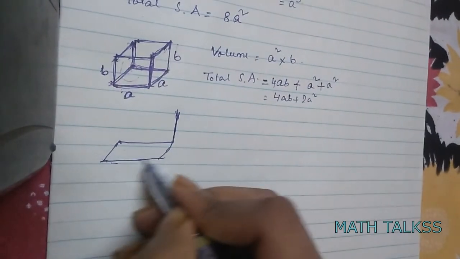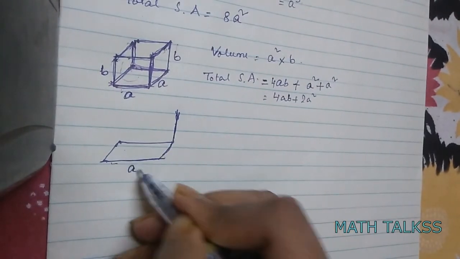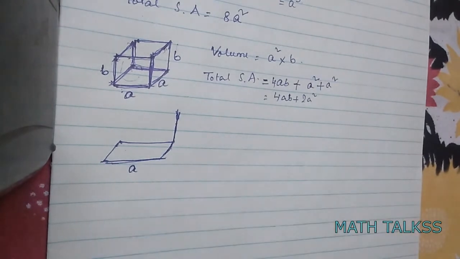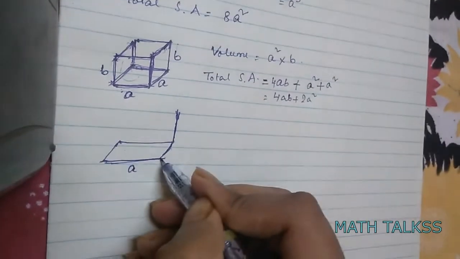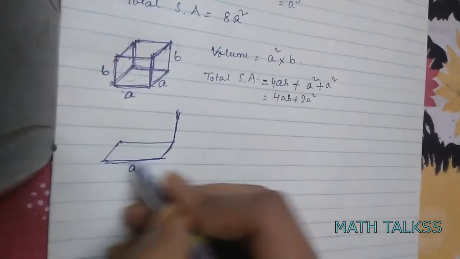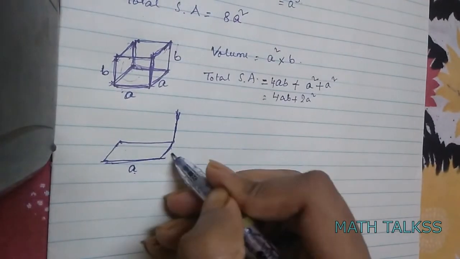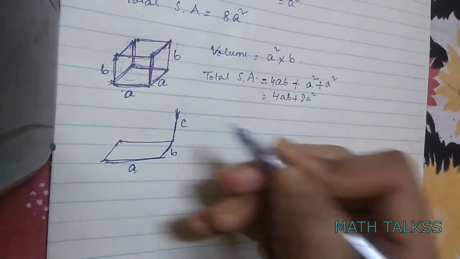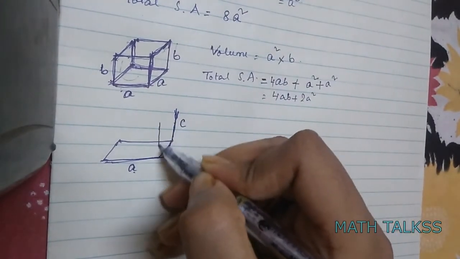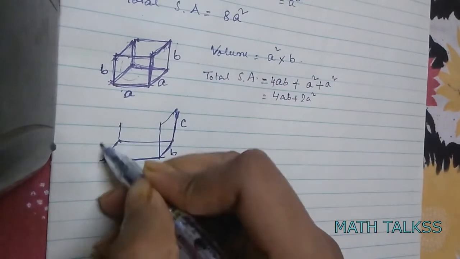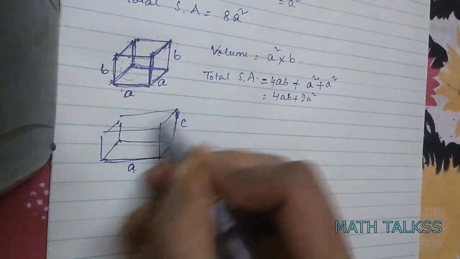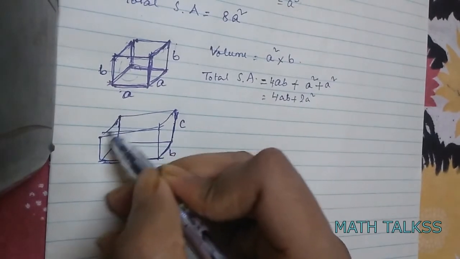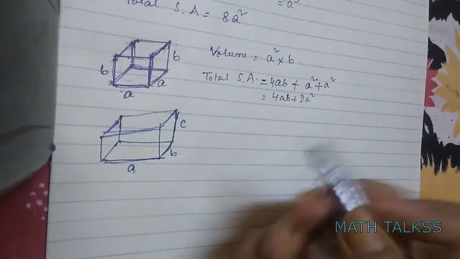That means a rectangular base is there in the cuboid, and that rectangle has length a, breadth b, and we can give some height c to the cuboid. Okay, so we complete the cuboid like this, and you can see there are some distortions in the drawing.